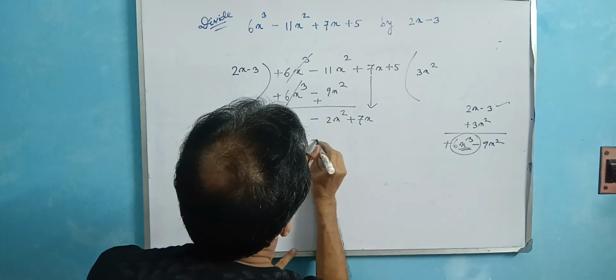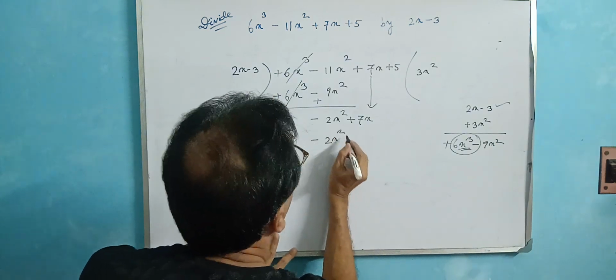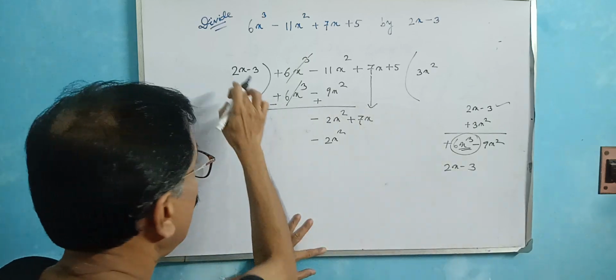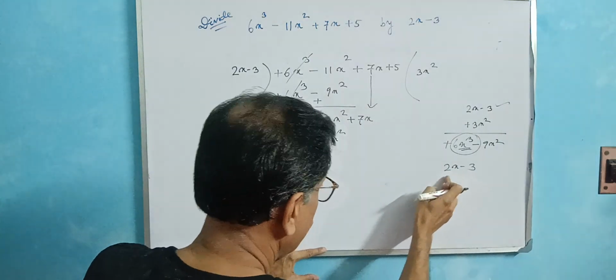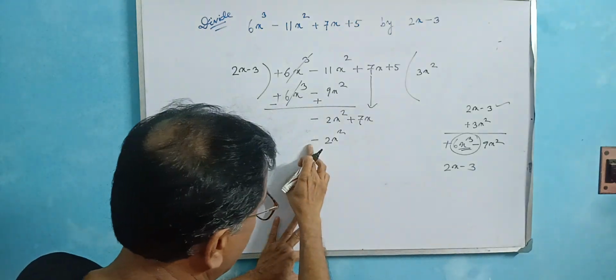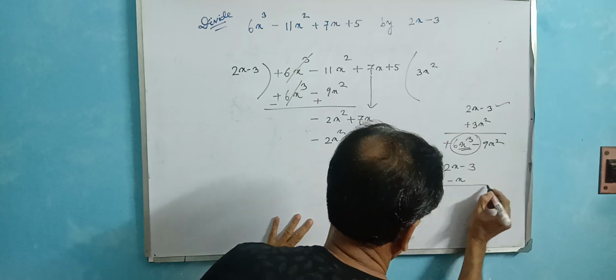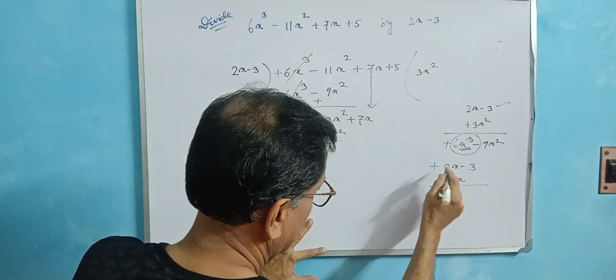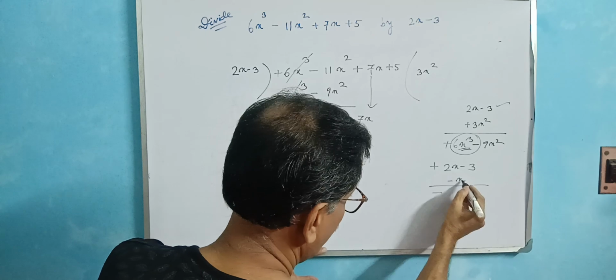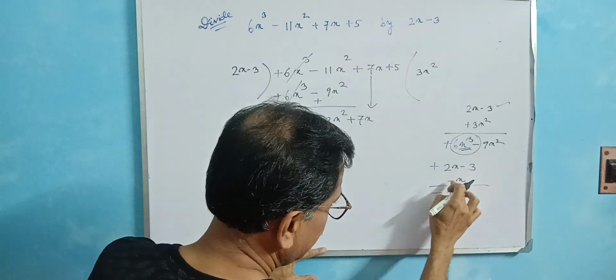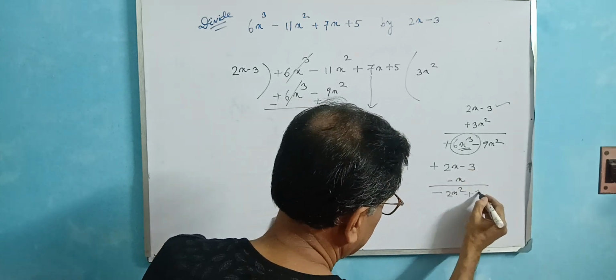Here the same process follows. Here is minus 2x square, so first you write minus 2x square. Now 2x minus 3, with 2x, in which way you multiply to get minus 2x square? Just minus x. Minus x times 2x gives minus 2x square, and minus x times minus 3 gives plus 3x.